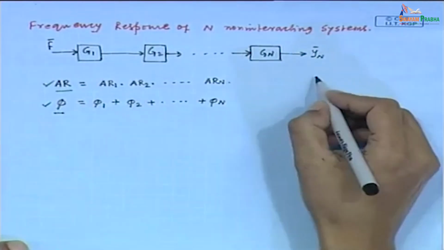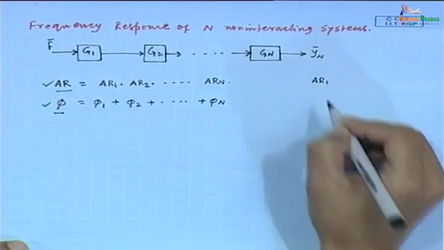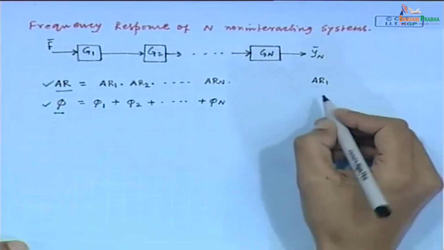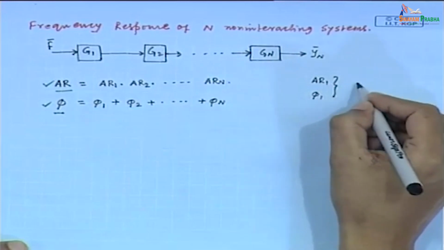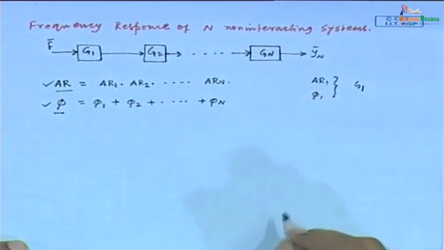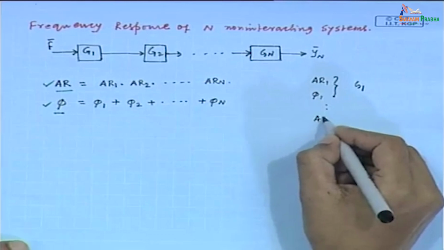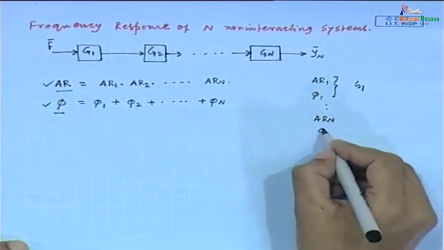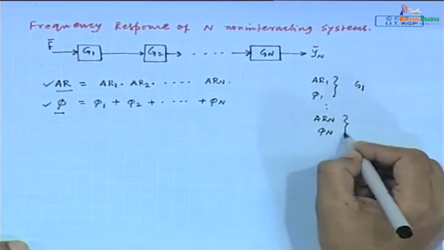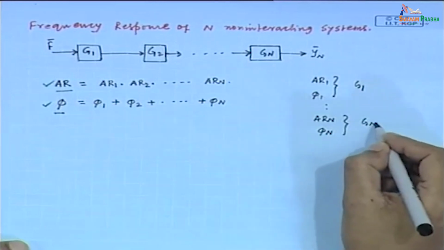Now, amplitude ratio AR1 and phase angle phi 1 correspond to G1. Similarly, amplitude ratio ARn and phase angle phi n correspond to Gn.